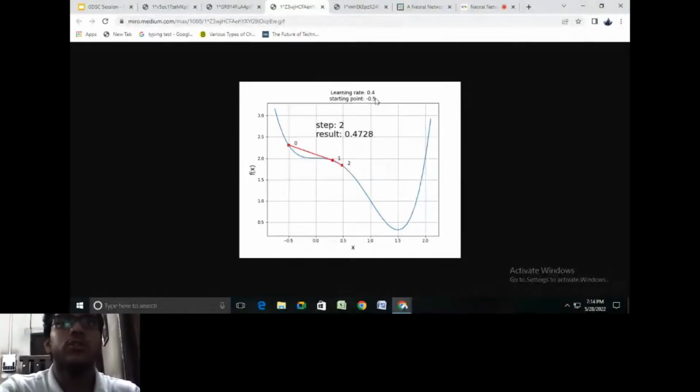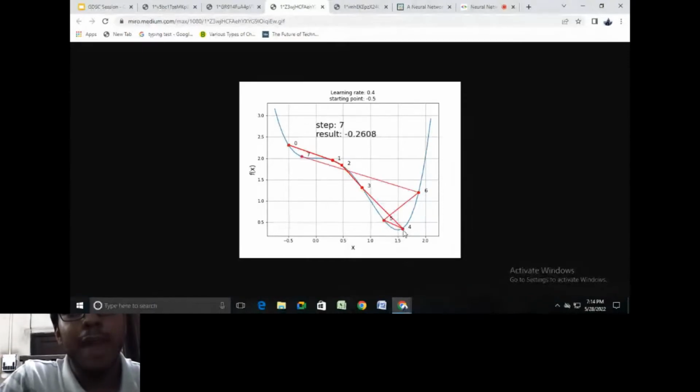Here also, notice that the learning rate is fixed. So the length of each iteration will actually depend on the magnitude of the gradient. So here you see that in step 4, the magnitude of the gradient is quite small.